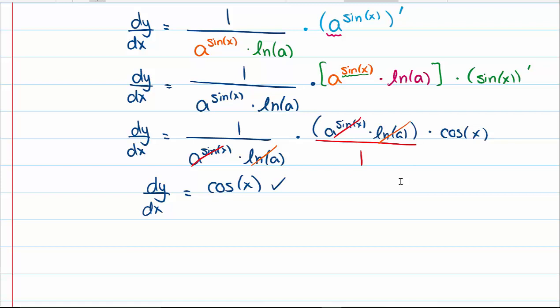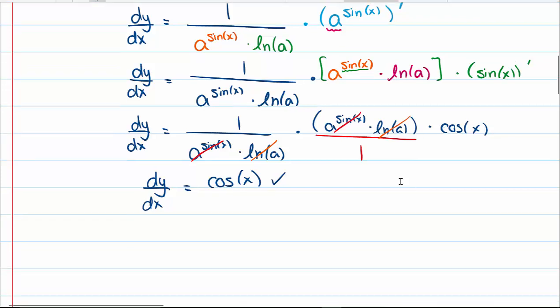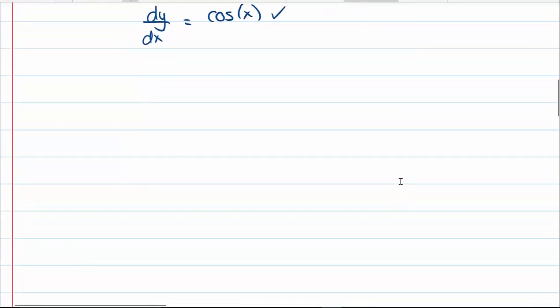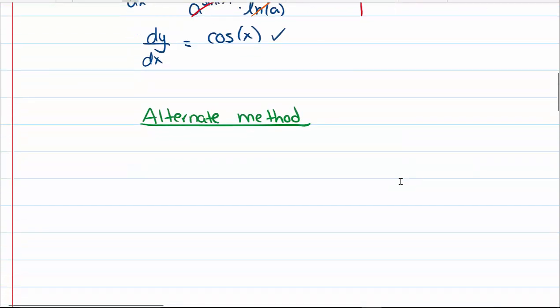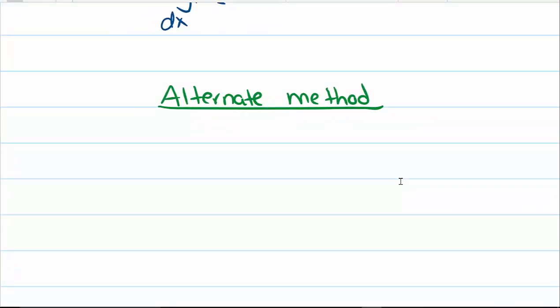Okay, now I'm going to show you a different way to solve that same problem. All right, now I'm going to show you an alternate method. This will not always work, but if you keep your eye out for a certain pattern, then you can use this method. So we have y is equal to log base a of a to the sine of x.